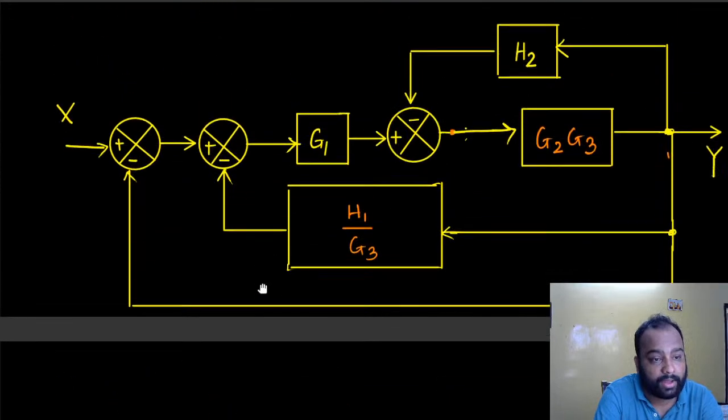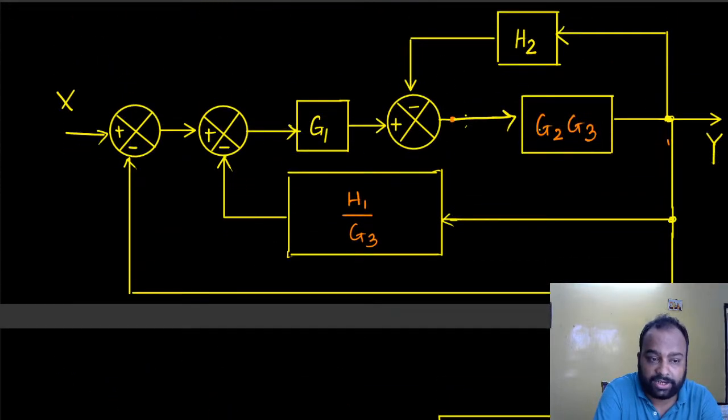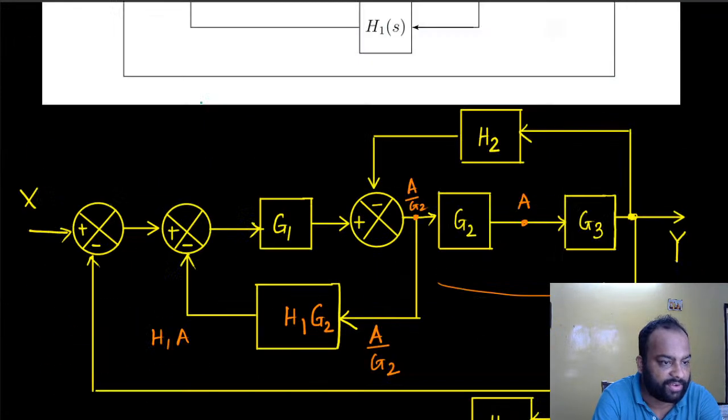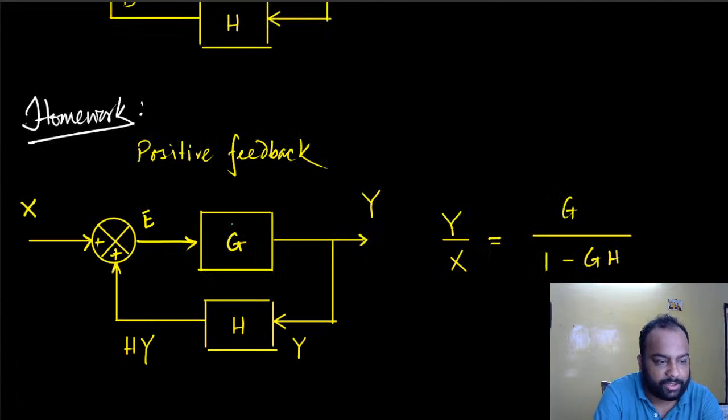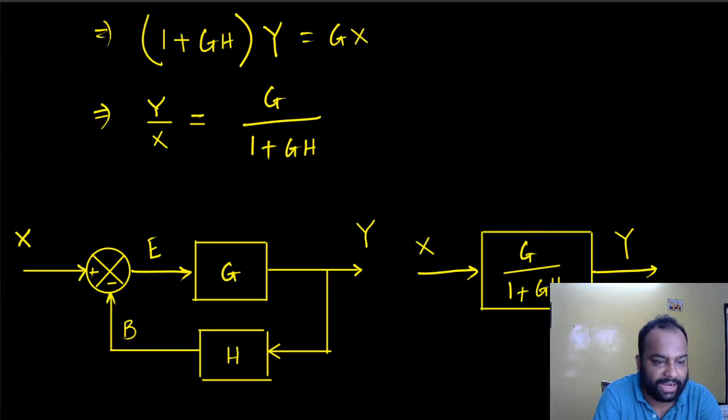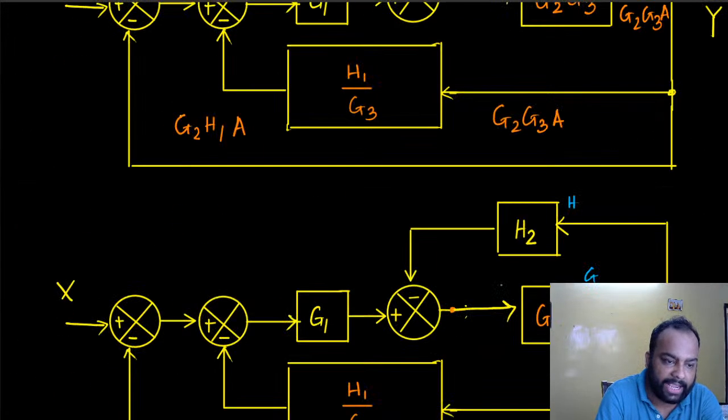And now what is the feed forward transfer function? It was supposed to be something like G, and this is like H in the feedback configuration. Let's go back to the feedback configuration. This is G and that was H, and of course for negative feedback, I would have an equivalent transfer function of G by 1 plus GH.